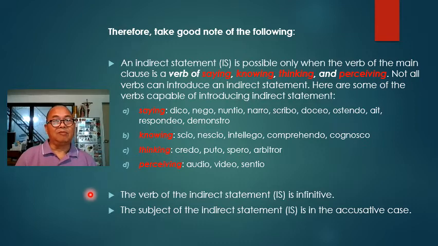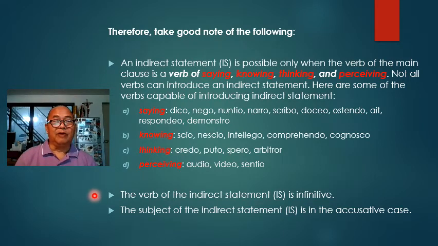Second, the verb of the indirect statement is infinitive. So when you come across an infinitive verb in a sentence, do not jump to the conclusion that it is a complementary infinitive. This is no longer the case in our future worksheets.